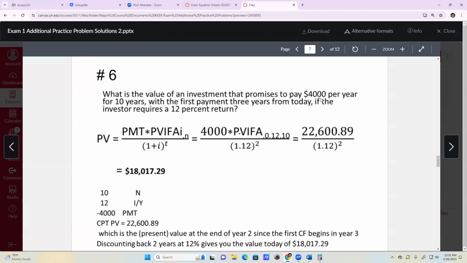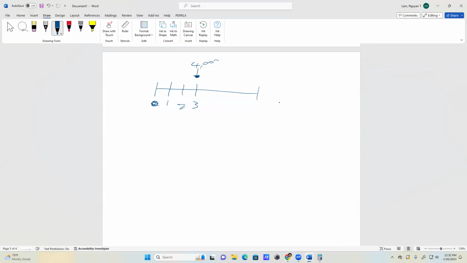One tricky part about this one is 4,000 per year for 10 years. However, the first payment is 3 years from today. So the first 4,000 is in year 3. So that is 1 payment already. So it's gonna be year 4, 5, 6, 7, 8, 9, 10, 11.